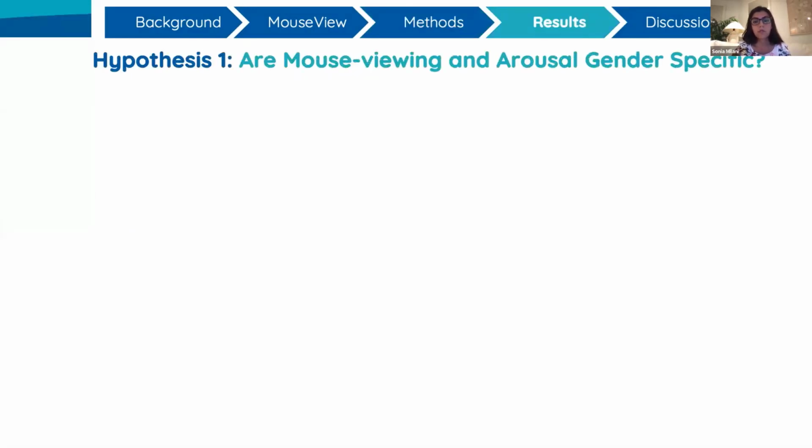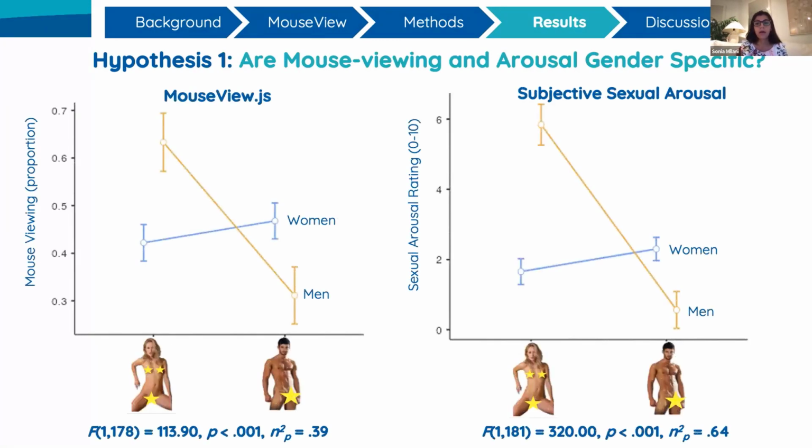So to examine hypothesis 1, we looked at the gender specificity of sexual arousal, and we found that men, as indicated by the orange lines in these graphs, showed greater specificity in their mouse viewing of the images. And so for mouse viewing, that's the graph on the left, and then for subjective sexual arousal, that's the graph on the right.